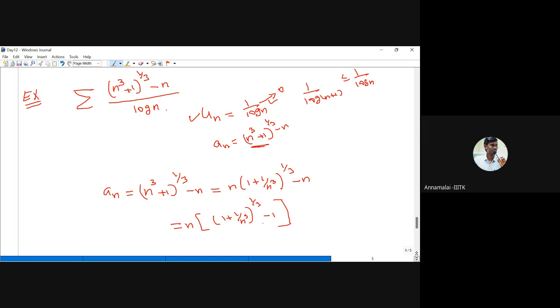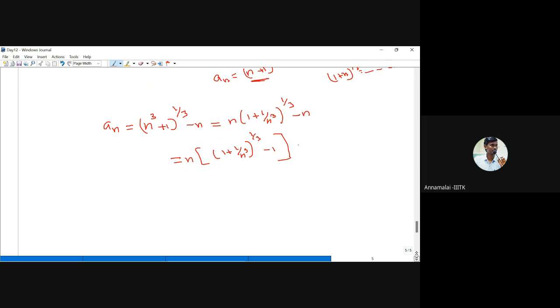Now we know the formula for (1 plus x) power p by q. You can use that formula for any rational number. Bernoulli's formula says (1 plus x) power n, but you can apply it for any rational number p by q.